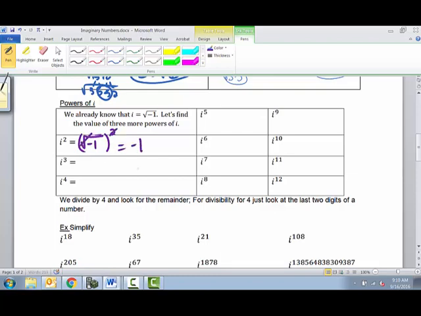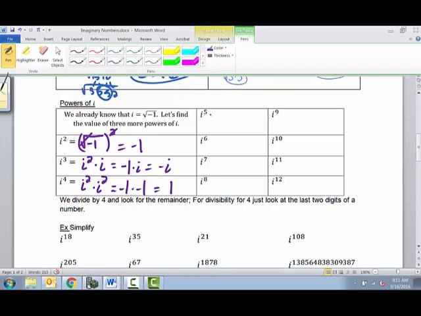We're left with negative 1. i cubed, we can split it up into i squared times i, which is negative 1 times i, so it's negative i. i to the 4th is i squared times i squared, because remember we add our exponents, 2 plus 2 is the 4, and each of those is negative 1, so we multiply those, we get 1.